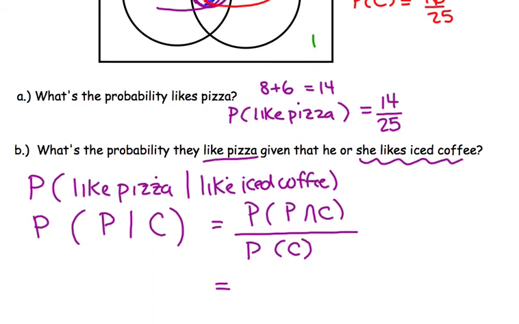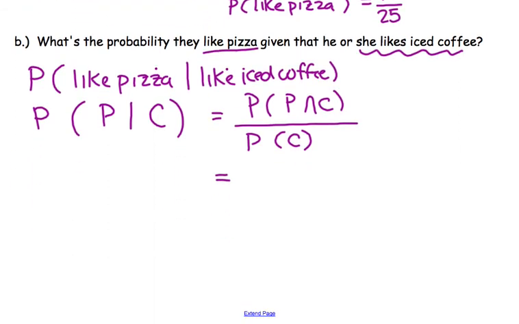I will head down. So the intersection was 6 out of 25 students. And then the students who like coffee, 16 out of 25. Fraction divided by fraction, so we're going to keep the first fraction, change it to multiplication, and flip to 25 over 16.